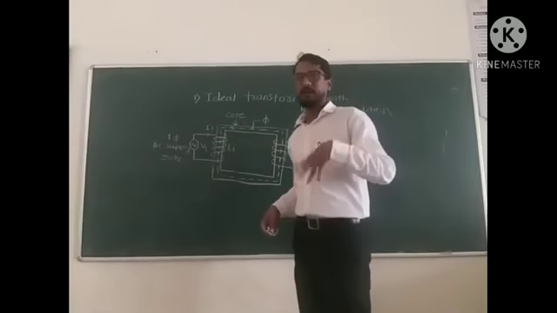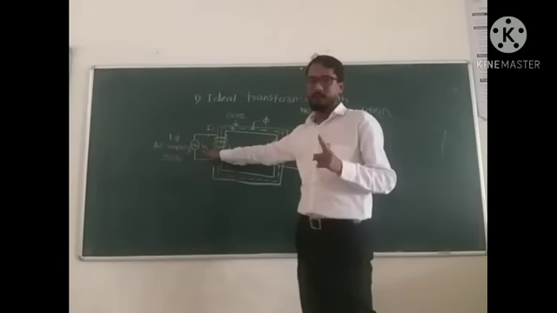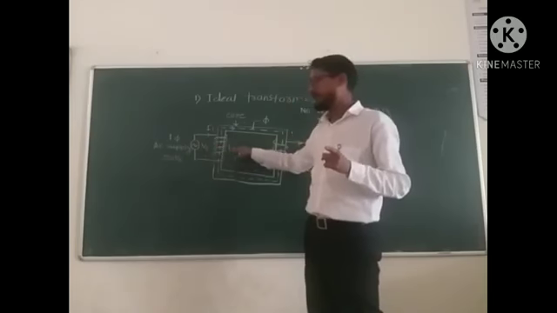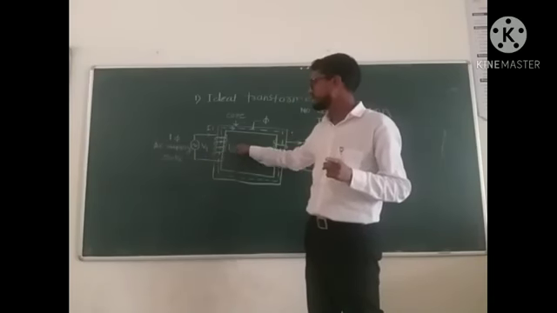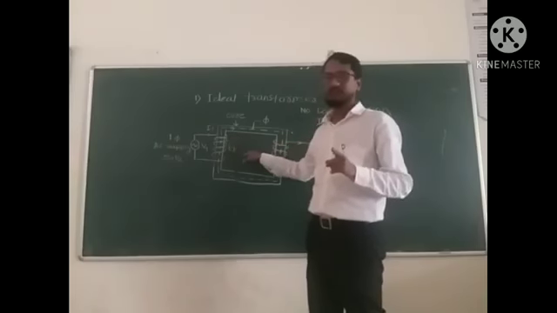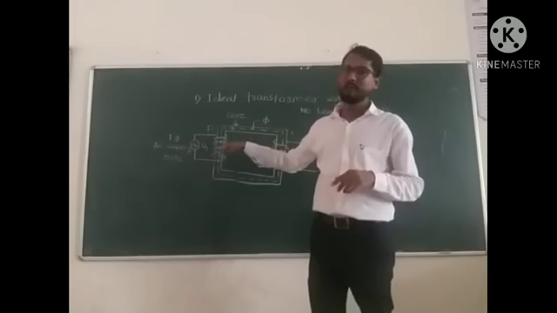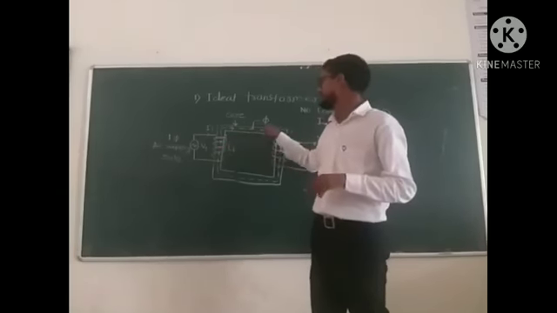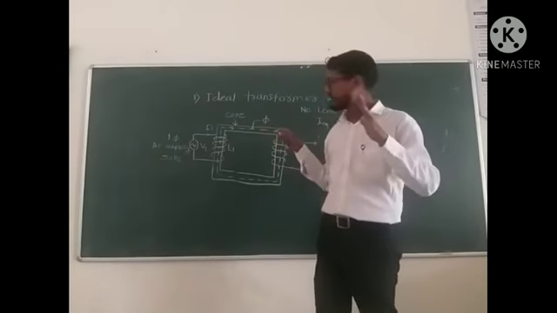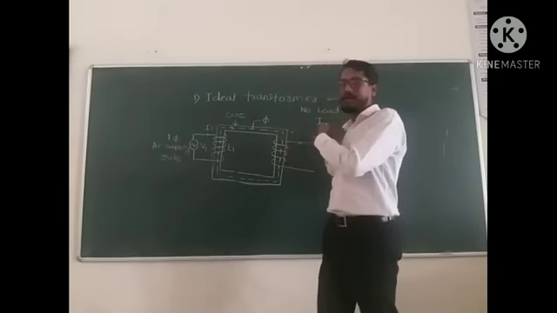I repeat, when a supply voltage V1 is applied to the primary side of the transformer, an EMF E1 gets induced in the primary side. This EMF establishes magnetic flux phi in the primary winding, and due to this magnetic flux it will draw a very small amount of electrical current, that is IM.